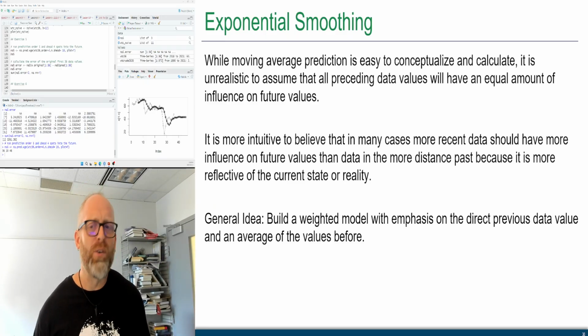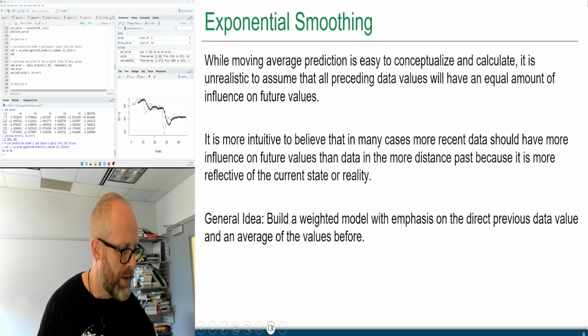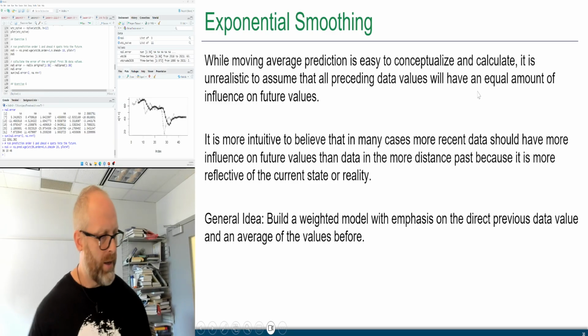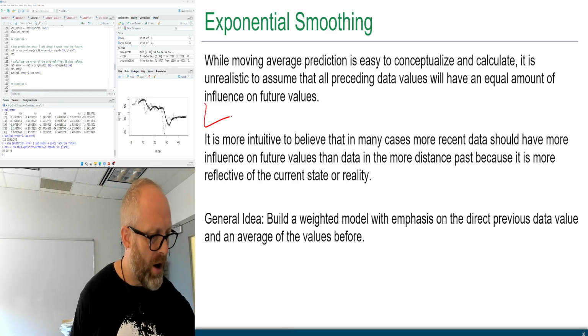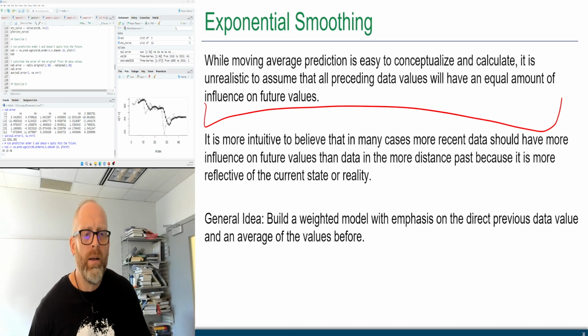And that's basically what this first little bit is telling us here, is that, again, we're just treating them all exactly the same. So it is more intuitive to believe that in many cases, more recent data should have more influence on future values than data in the more distant past, because it is more relative of the current state of reality.